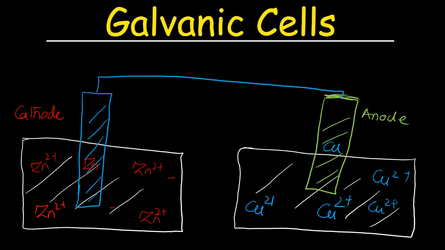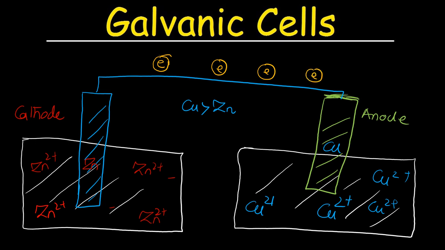Now if we zoom into these two parts or two containers of the galvanic cell, as you know, copper has a stronger pull than zinc for electrons. So the electrons from the zinc will start to flow from the zinc cathode toward the copper anode.